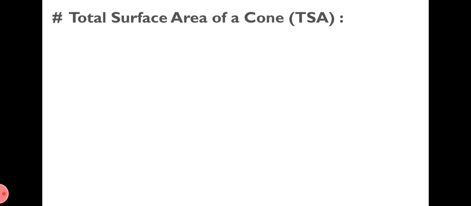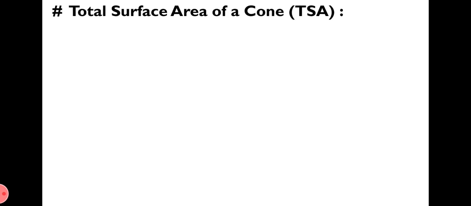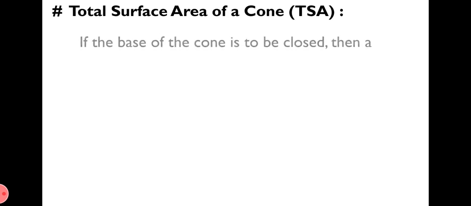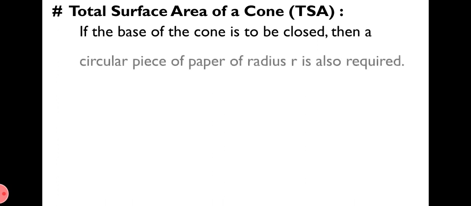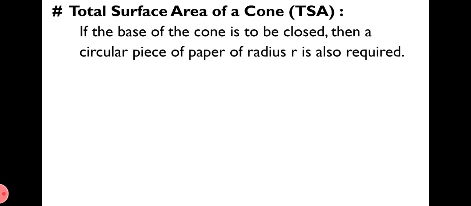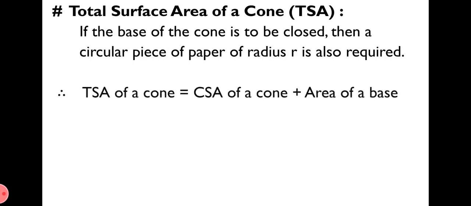Now total surface area of a cone, that is TSA. If the base of the cone is to be closed, then a circular piece of paper of radius r is also required. Therefore, total surface area of a cone equal to curved surface area of a cone plus area of a base.